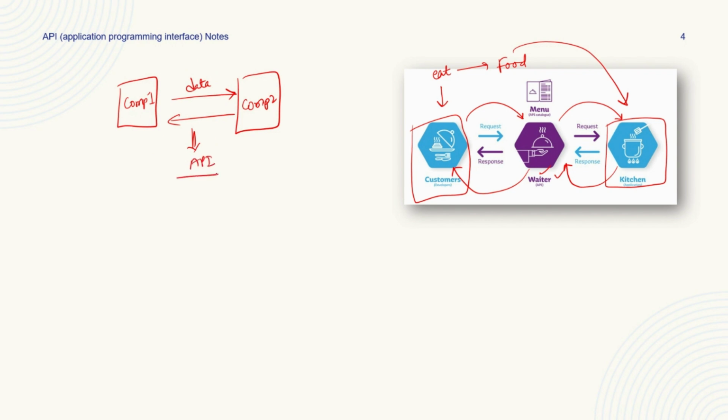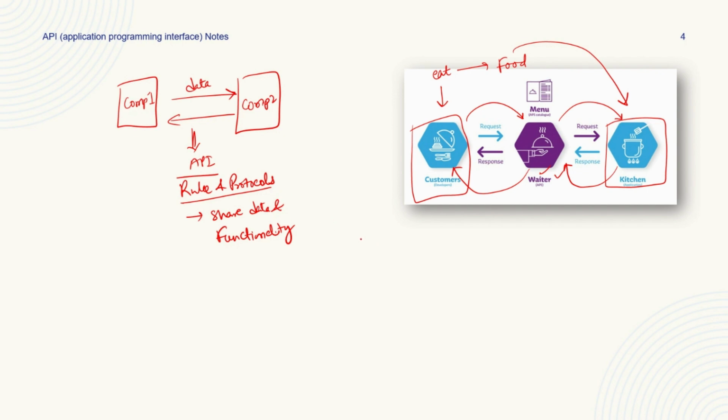So we have these APIs, which are certain rules and protocols in a way for how these components can share data and functionality. That is why APIs are so powerful: they allow different components to talk to each other.